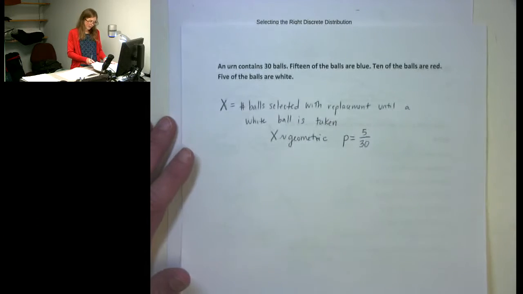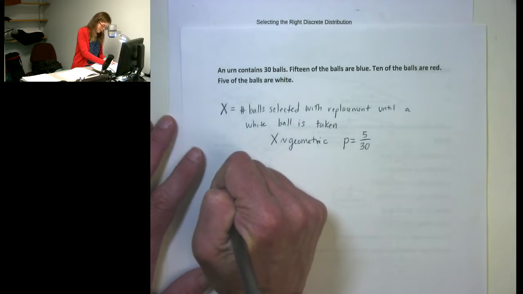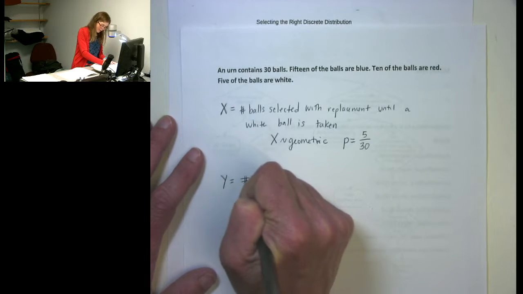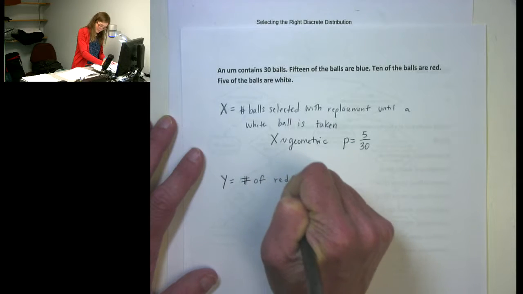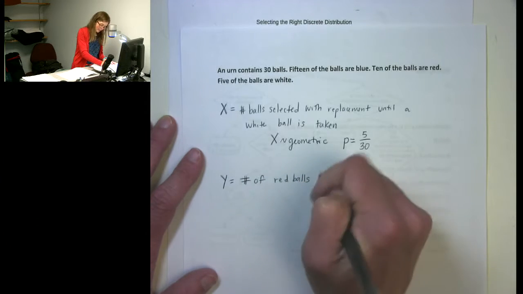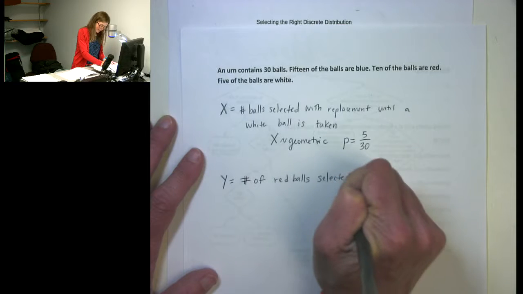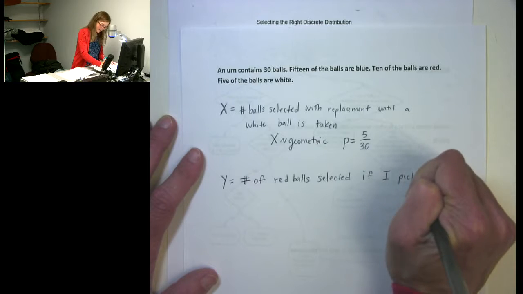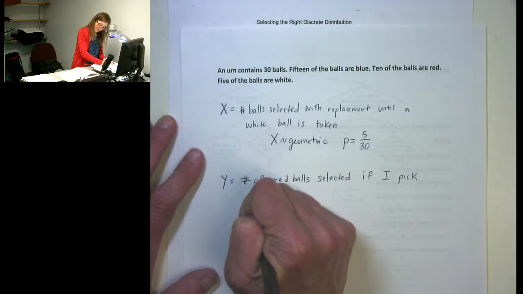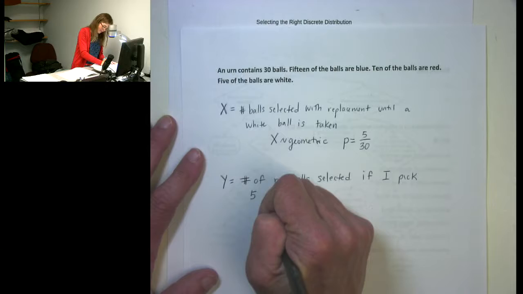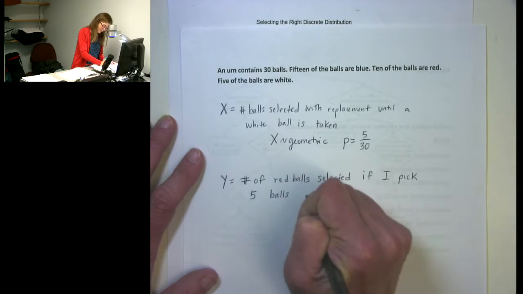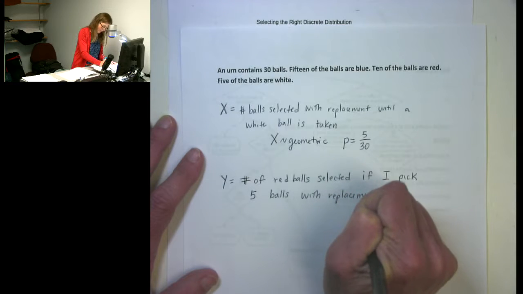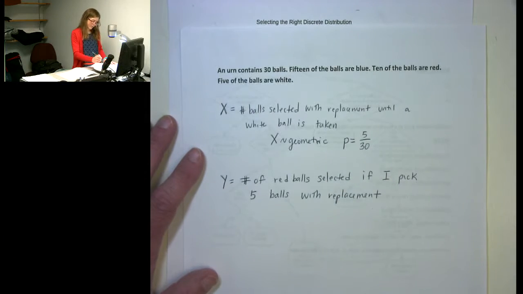Now if I chose a different random variable, suppose now I take y, and y is equal to the number of red balls selected if I pick 5 balls with replacement from the urn.